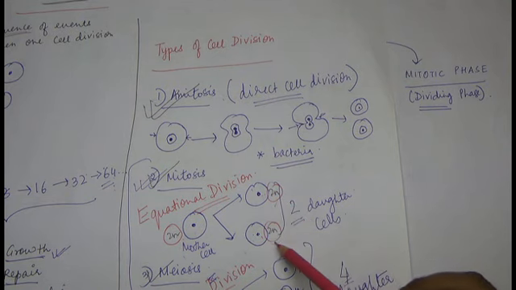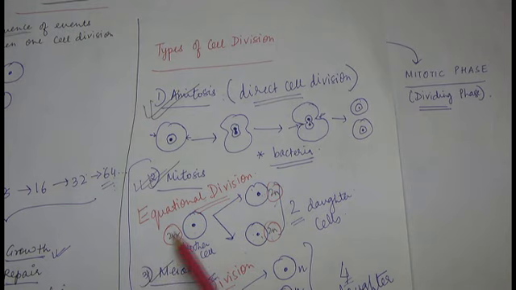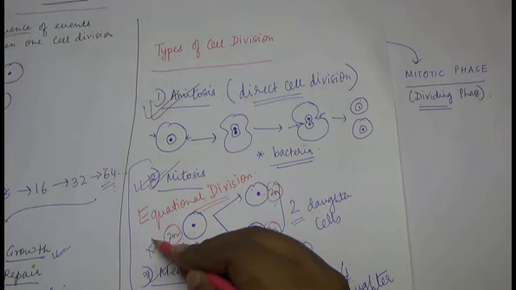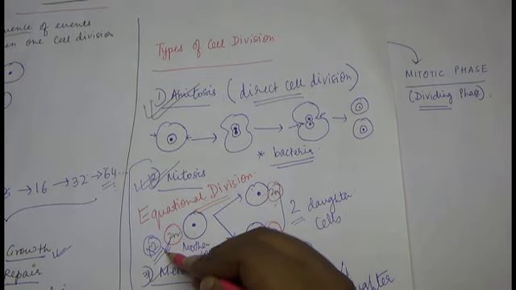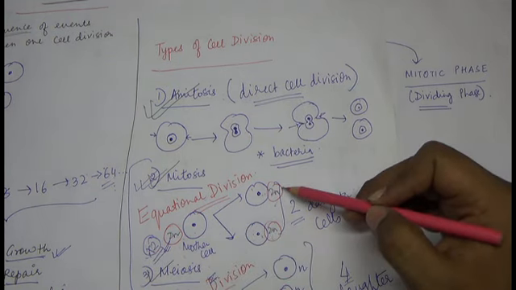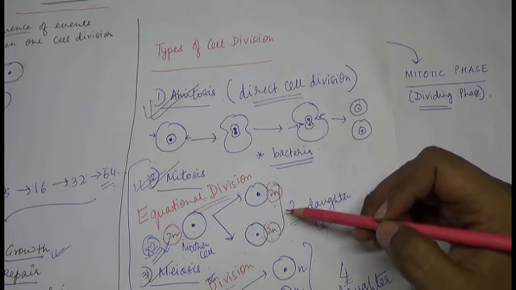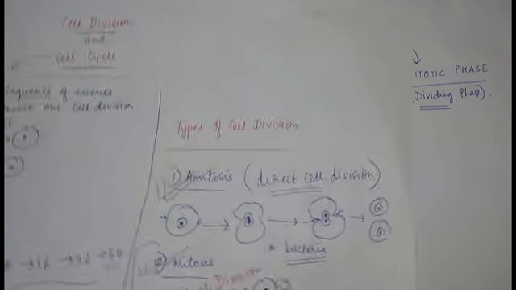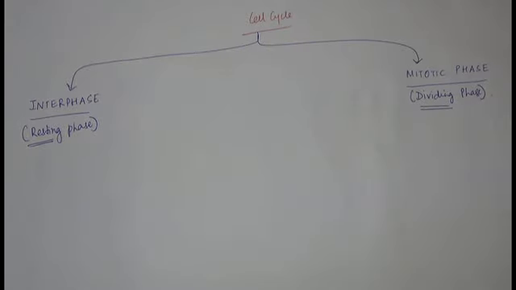If we add up 2n plus 2n, it will give us 4n, right? So the cell has to multiply it with 2, only then will it be 4n, and only then can the daughter cells receive equal amounts of DNA. So there is a step called DNA replication also, which happens during the interphase. We'll discuss about them a little later.